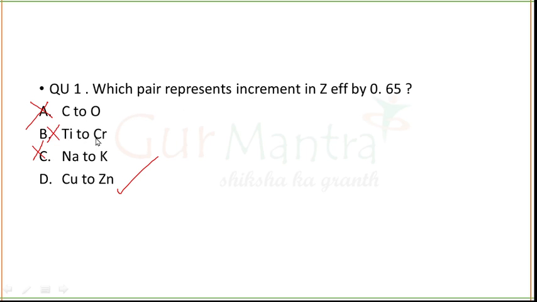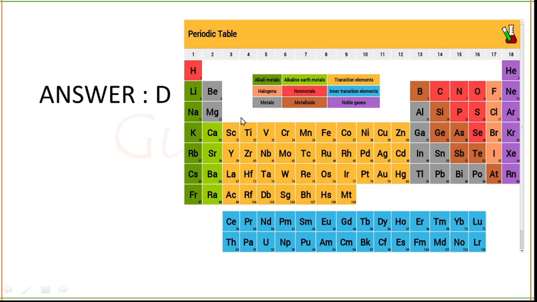Next option is Ti to Cr. Ti is present in group number 4 and Cr is present in group number 6 and in period number 4. When we move from Ti to Cr, the value of Z effective will increase, but not by the factor of 0.65. The factor will be greater than 0.65 because V comes in between Ti and Cr.